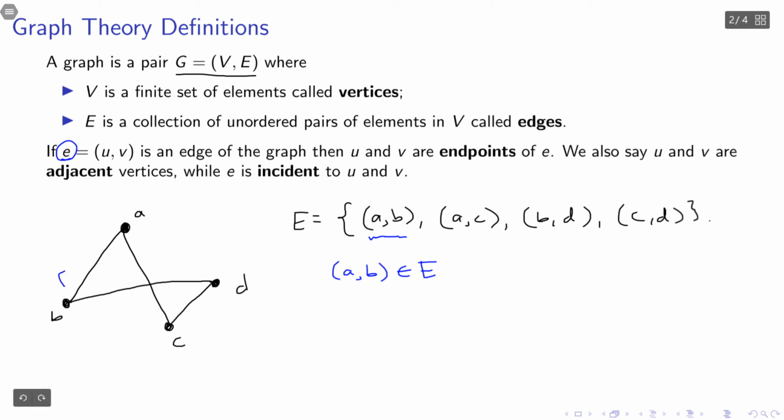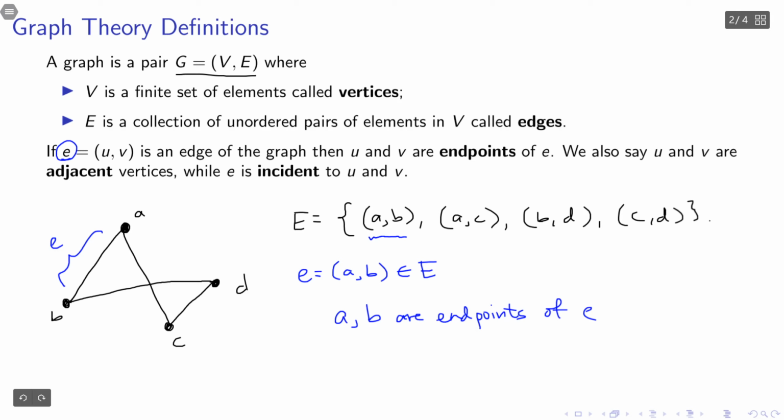So we can call this edge e, for instance, right? And we say e equals AB. It's a capital E to denote membership there. So we're just going to say A and B are endpoints of that edge, right? Kind of like endpoints of an interval, right? But here it's an edge.